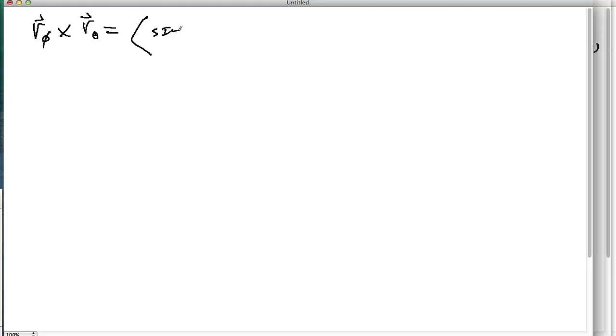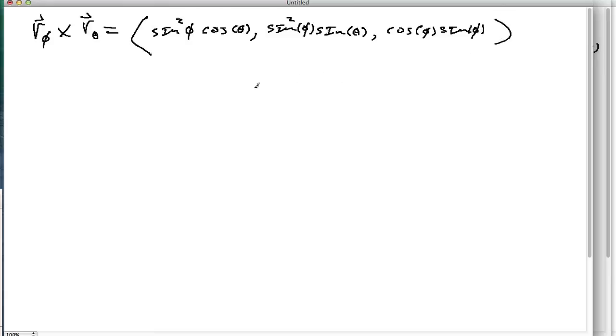It is sine squared phi cosine theta, sine squared phi sine theta, and it's going to be cosine phi sine phi. Okay. Right. And now we need to write down what f is.